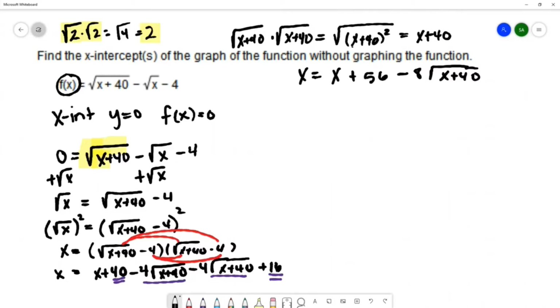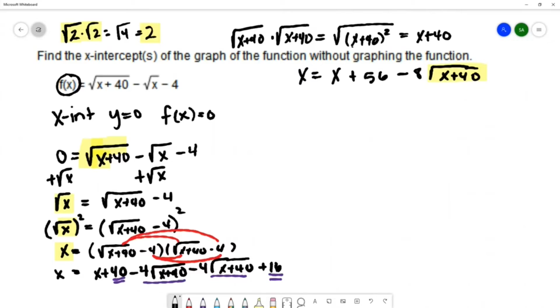All right, so now we're in the part of the process where we have to repeat what we just did. We were able to isolate and get rid of one of the radicals, and now we still have another radical in our equation. So we now need to isolate this radical and square both sides to get rid of it.